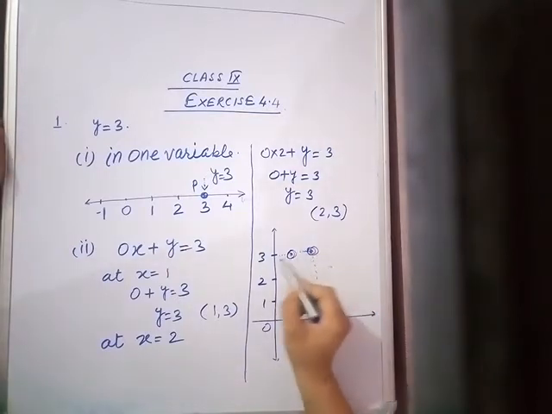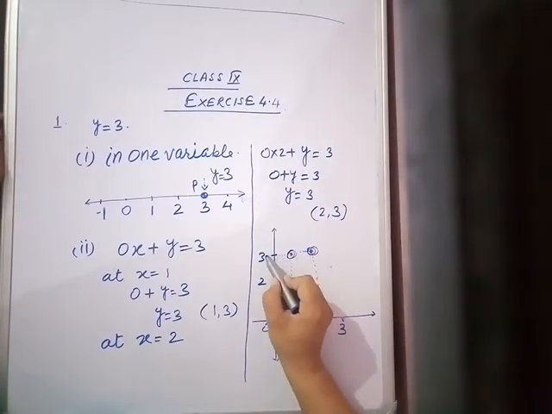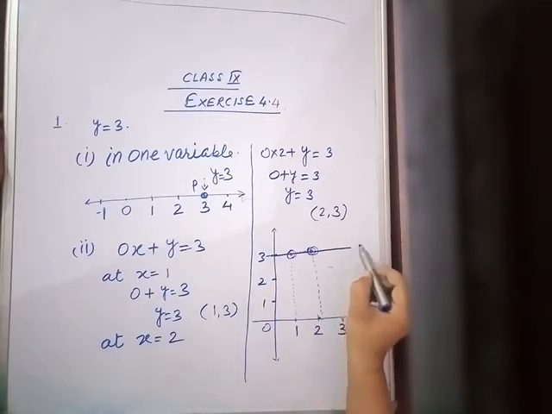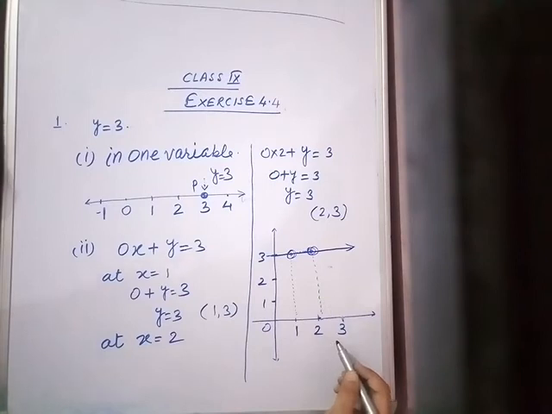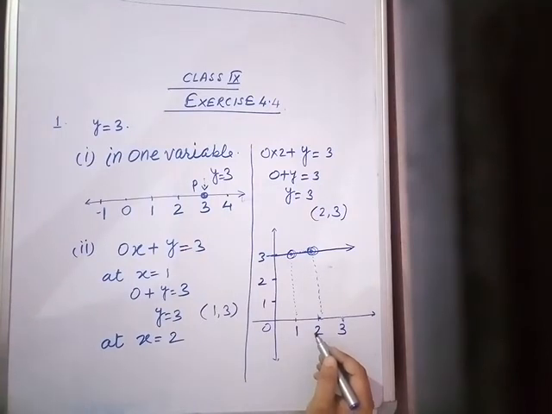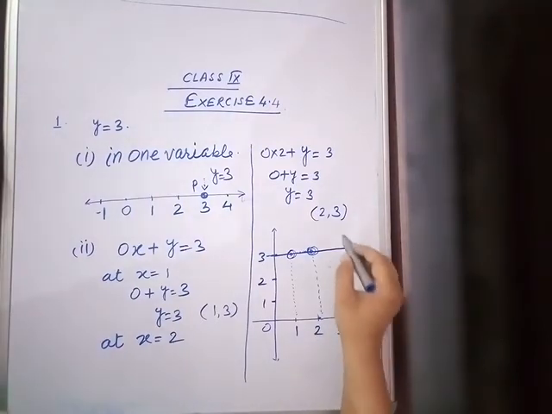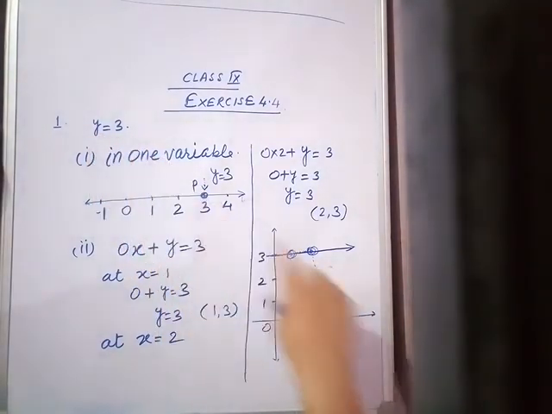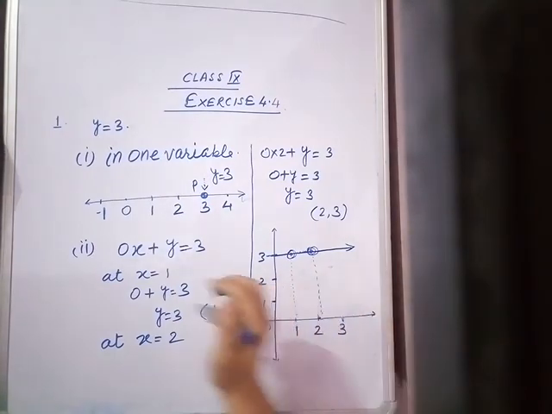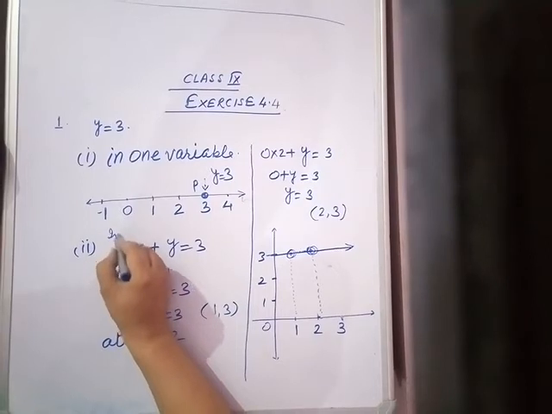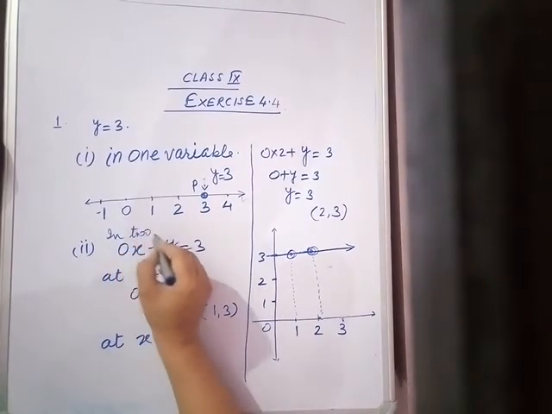If we join these two points, we get a line through 3 that is parallel to the x-axis. So this is the representation of y equal to 3 in two variables.